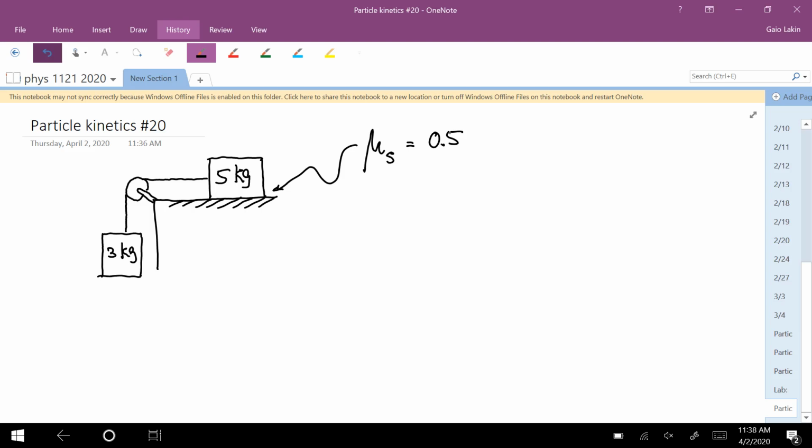If the required static friction to keep them at rest is less than the maximum friction that could occur with that coefficient and that normal force, then they're going to stay at rest. So that's the idea. The good news about a problem like this, where we calculate when they stay at rest, is that it takes out some of the complexities of figuring out accelerations. We're not going to have to relate the acceleration of one to the other.